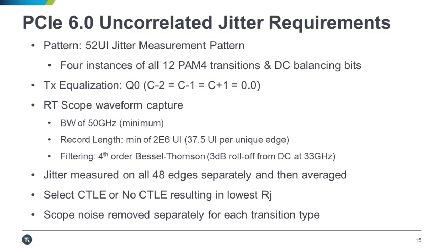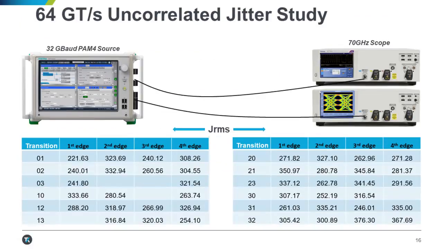There's been a discussion about maybe changing the granularity of the CTLE family, maybe going from 1 dB step sizes to quarter dB. We've seen that in the past for stress die calibration, so I'd say still an open question. And then we've talked about the scope noise compensation. So let's get into some of the data next.